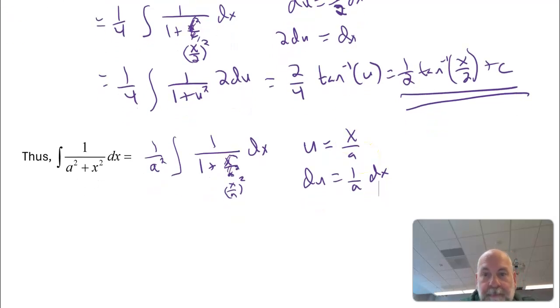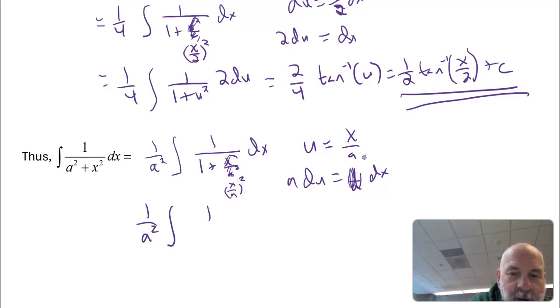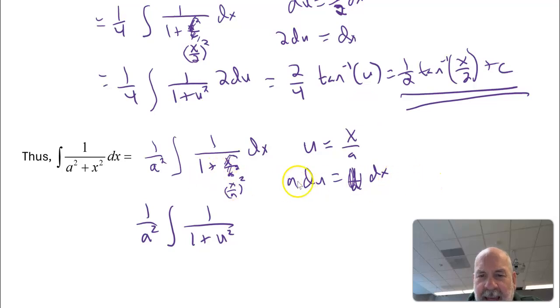Cool. And then I can multiply the a up. And so I can turn this into 1 over a squared times the integral of 1 over 1 plus u squared, and dx becomes a du. Sorry, my writing is pretty bad here. Pop the a out in front.